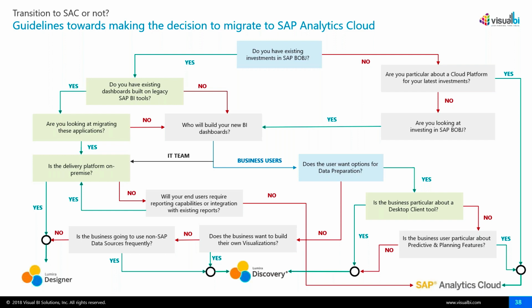If you're an on-premise customer connecting to on-premise data sources, remember that your on-premise tools can connect better to those data sources than a tool on the cloud. Now, that being said, if you are running a lot of data from SAP SuccessFactors or Ariba, which are all cloud-based tools, SAP Analytics Cloud will obviously do a better job of running them. So it ultimately comes down to the end user functionality that you want.